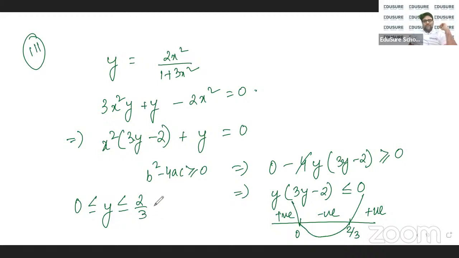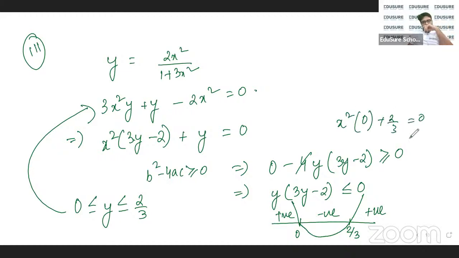Now, 2 by 3, if I substitute in this equation, y is equal to 2 by 3, x square into 0 plus 2 by 3 is equal to 0. So I'll get 2 by 3 is equal to 0. Does this make any sense? It doesn't make any sense.